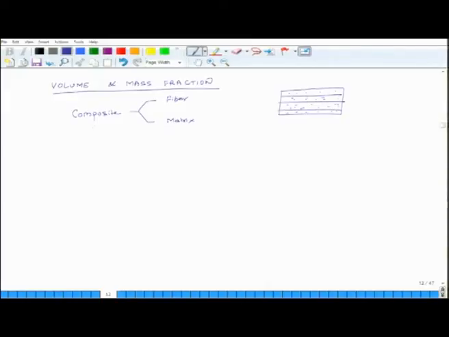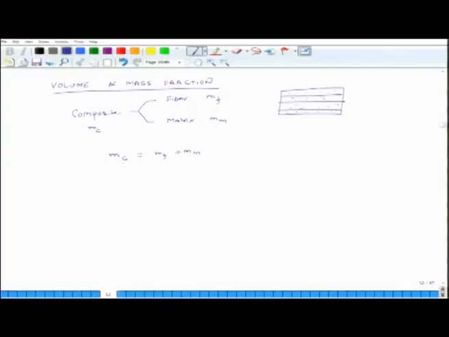Let us say that the mass of the composite, this sample, is MC. C stands for composite. Now, this MC has two components, mass of the fiber and mass of matrix. So, MC is equal to MF plus MM. This is assuming that you have only two materials, you do not have any additive fillers.